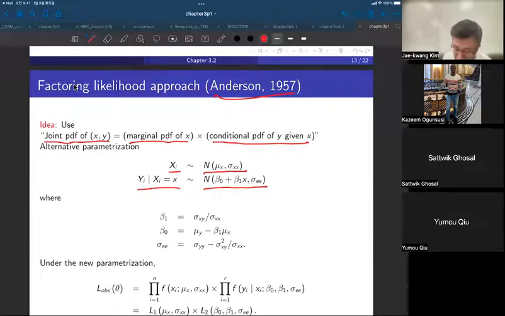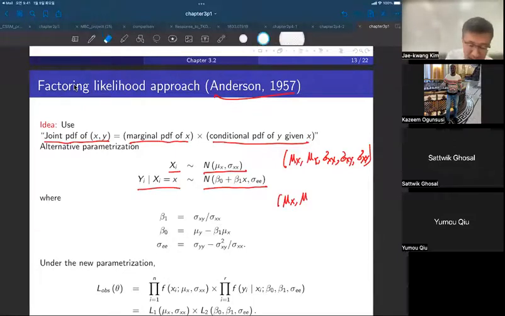So you have mu x, mu y, sigma xx, sigma xy, sigma yy. This is one parameterization. The other way is mu x and sigma xx, and beta 0, beta 1, and sigma EE.